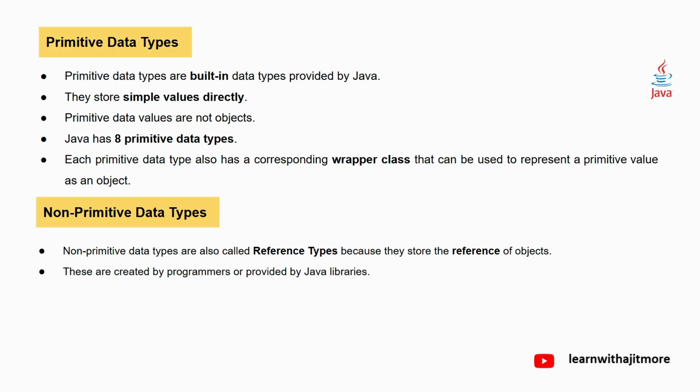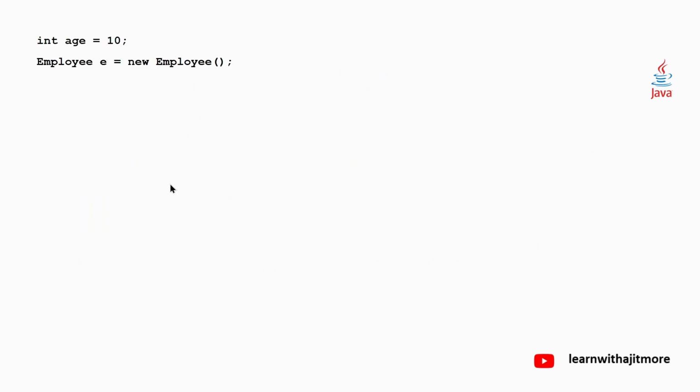Okay. I am giving you the difference between both. The first one is a primitive type and the second one is a non-primitive type. Do you agree with me? Integer age equal to 10 and Employee e equal to new Employee. So the second one is a non-primitive. The first one is a primitive. Getting? So this is your stack memory and this is your heap memory. If in the first one you are doing integer age equal to 10, then directly on the stack, space for integer is reserved.